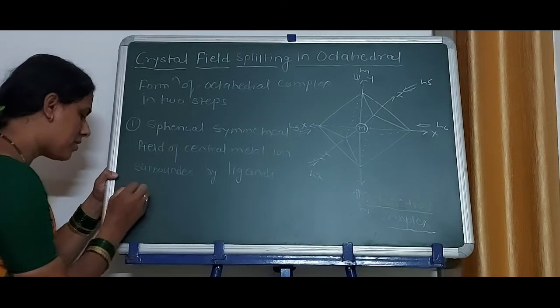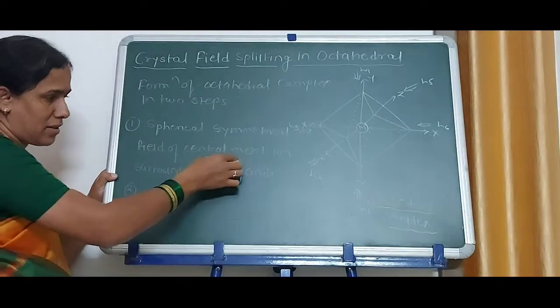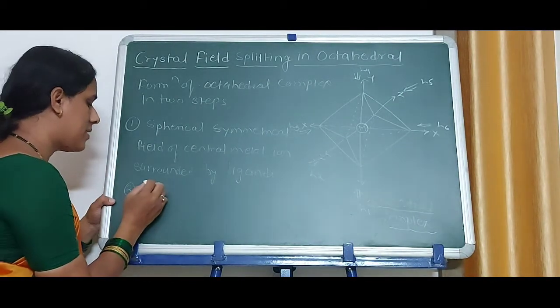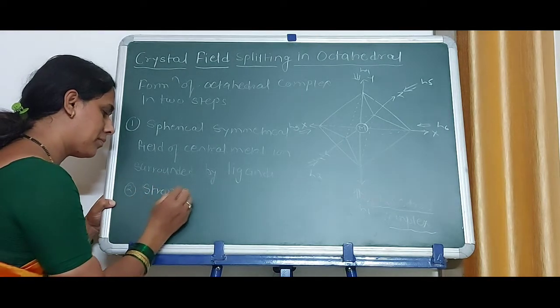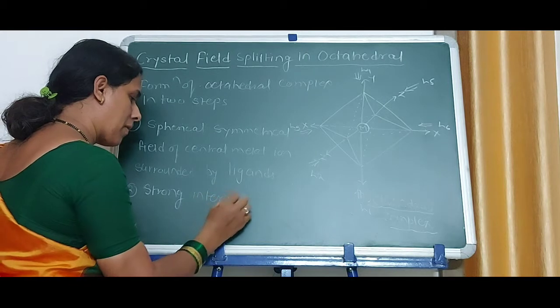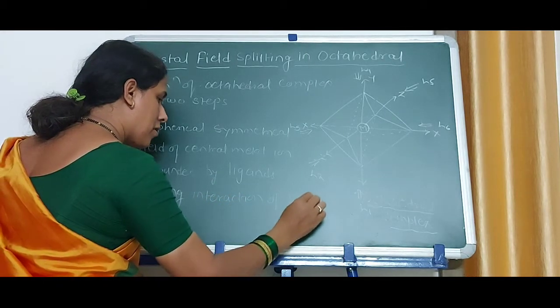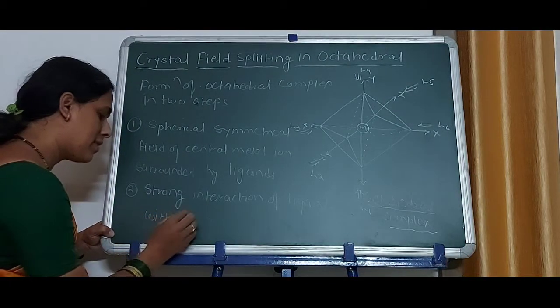And in the second case, when the ligands are surrounding the central metal ion, that is the strong interaction of ligands with the central metal ion.